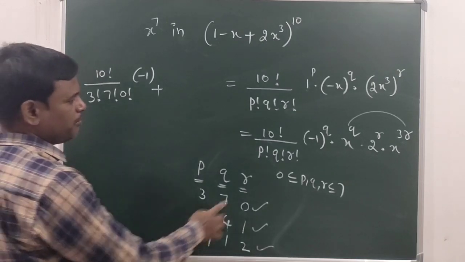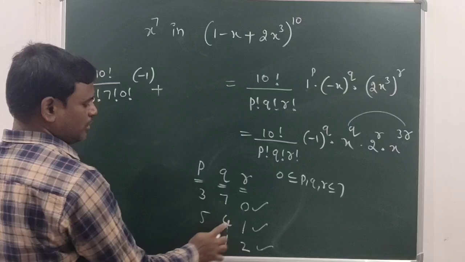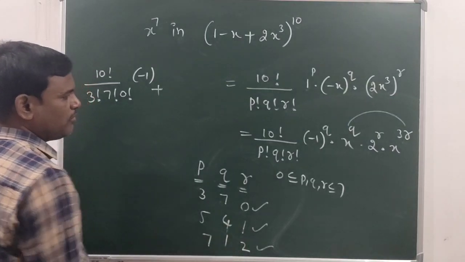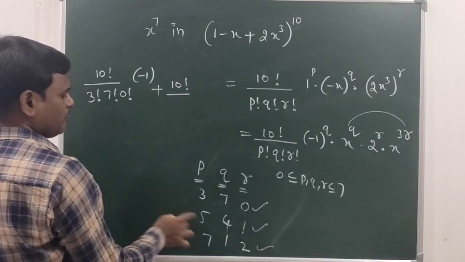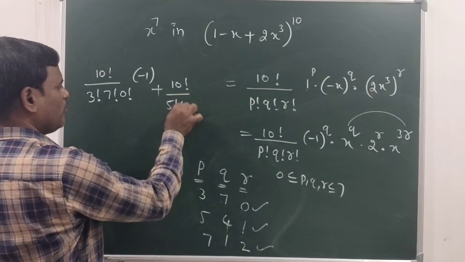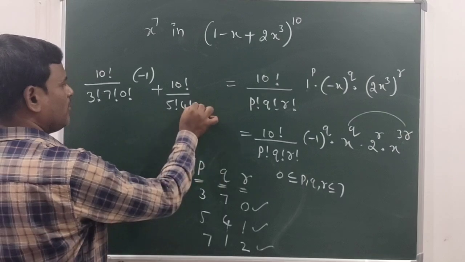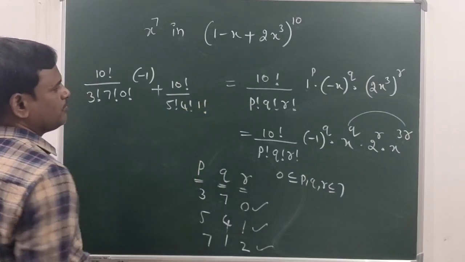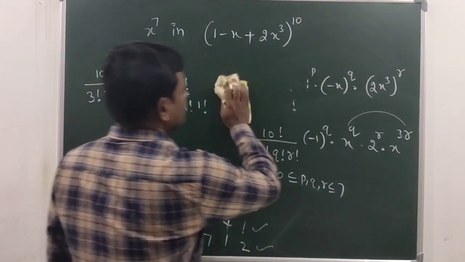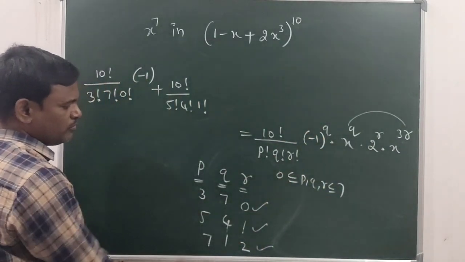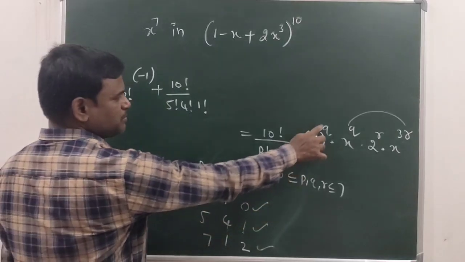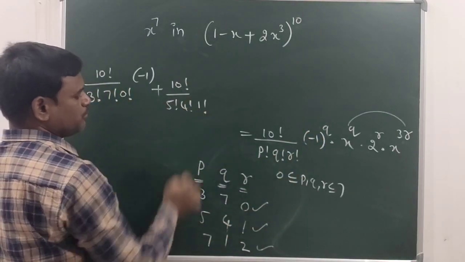So if I write P value 5 and Q value 4 and R value 1, what do we get here? 10 factorial by 5 factorial, 4 factorial, 1 factorial, which becomes 1. So here minus power Q, Q value here is an even number. So minus power even number becomes positive.